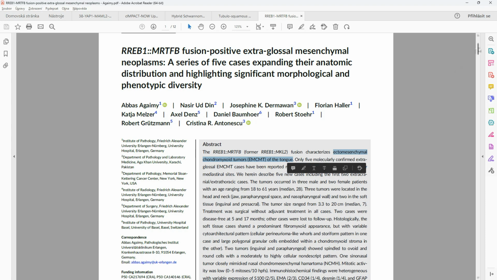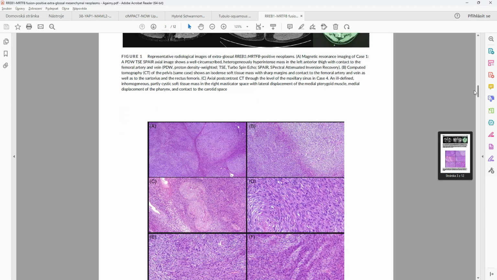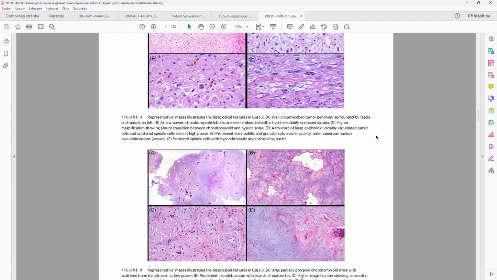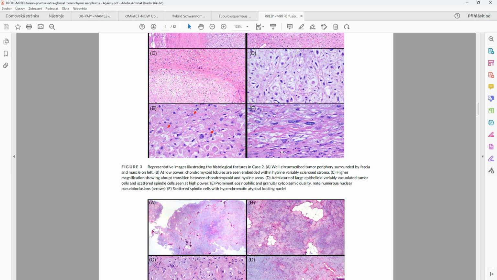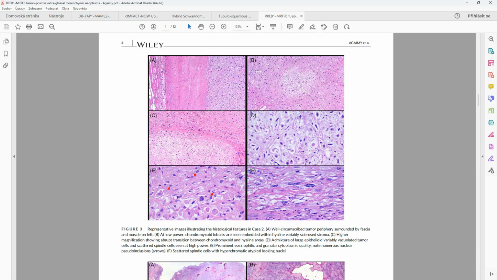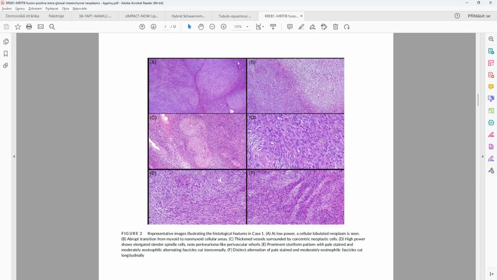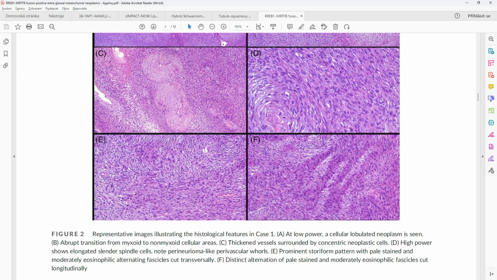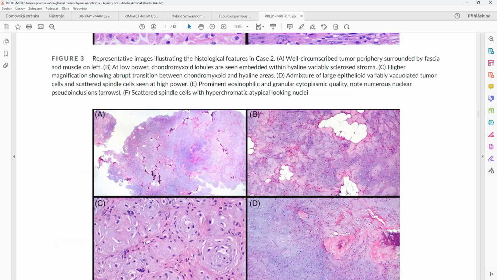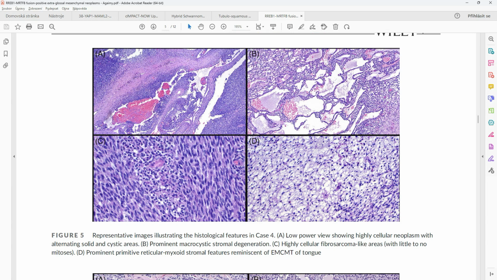Some cases have a lot of chondroid matrix, such as those here, and so that would be one subgroup, mesenchymal tumors with chondroid differentiation and quite bland morphology. The other subgroup, which is illustrated here and which was also illustrated in our case, was hypercellular spindle cell tumors, some of them with perineurial differentiation by immunohistochemistry, but that was not our case, though our case looked very similar to this.